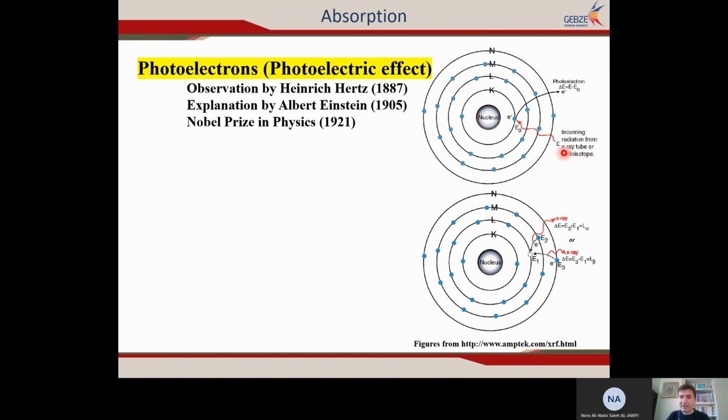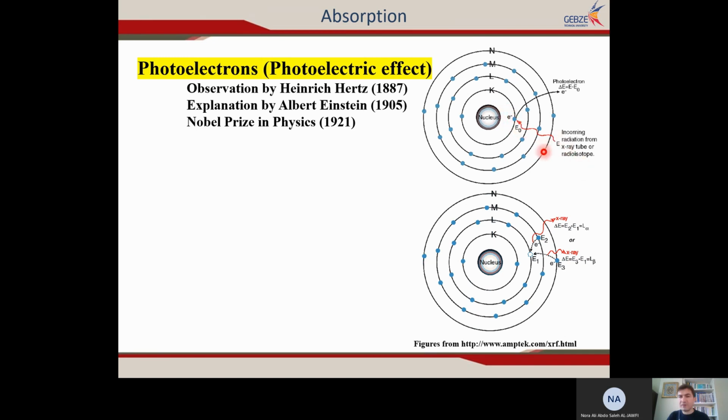Here we have an incoming X-ray. It comes from the X-ray tube or synchrotron light source, or from any X-ray source. We have an X-ray with some certain energy, okay? And here we have an electron. According to the Bohr atomic model, it is traveling in a circular orbit with some certain energy, and it has a certain binding energy.